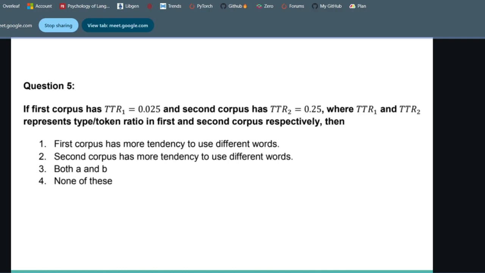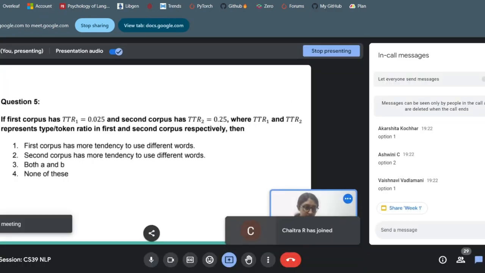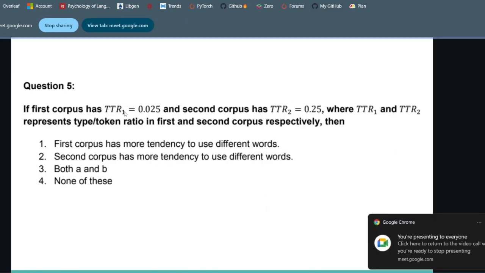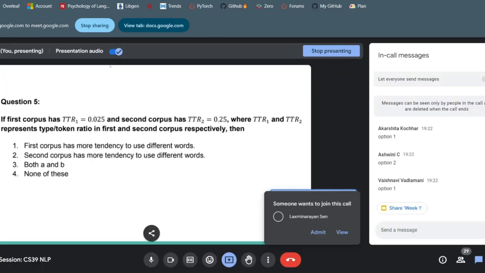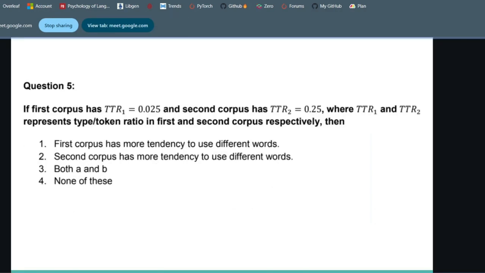Okay, let's move on to question number 5. Here it is given that, I hope nobody had problem in the last question. I won't just keep on asking, but if anybody has, you can feel free to ask.